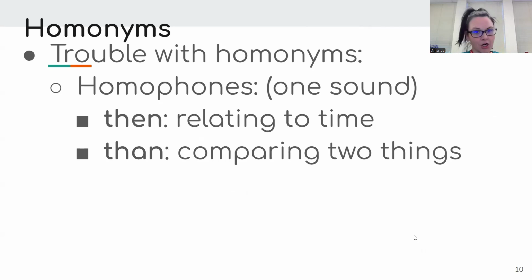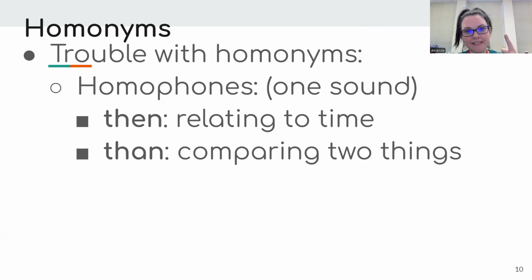Our next homophone is a little less obvious for me. I say then, T-H-E-N for time. You can see the E right here for time. Then is relating to time. I'm going to go to the mall and then I'm going to go home.